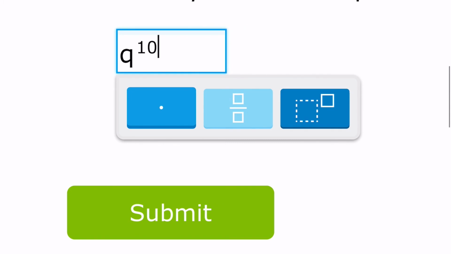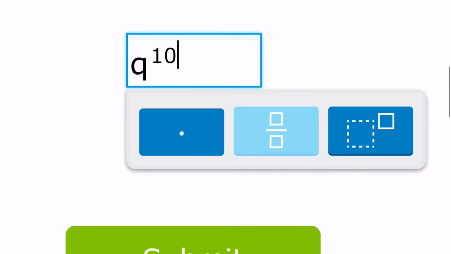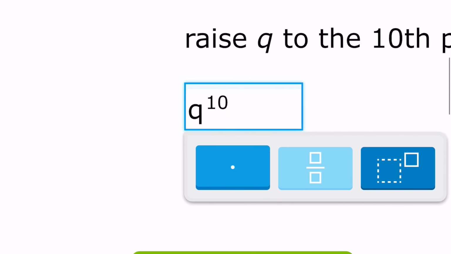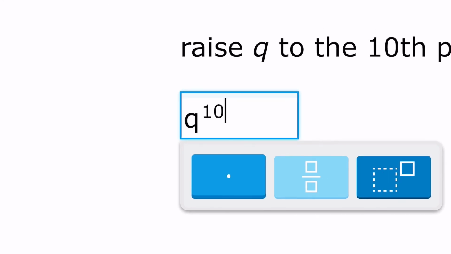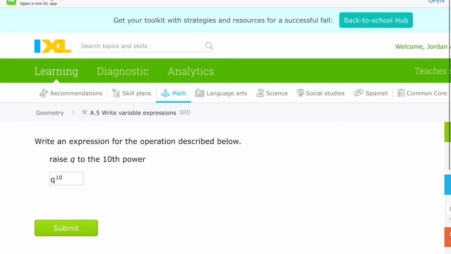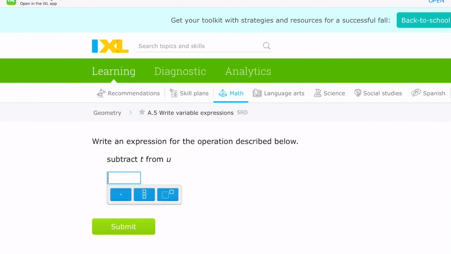Notice that it was lifted. Here you have a subscript and a super. Well, you have a base q and a superscript 10. Super means it goes higher than what was at its base. Okay, so q to the 10th, submit, perfect.